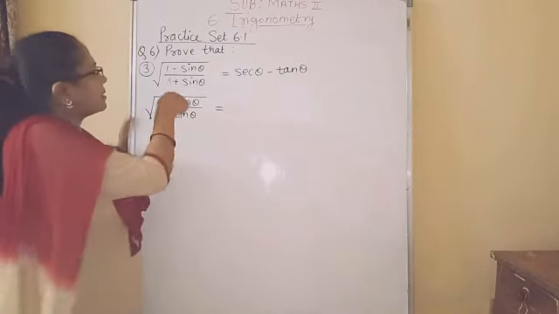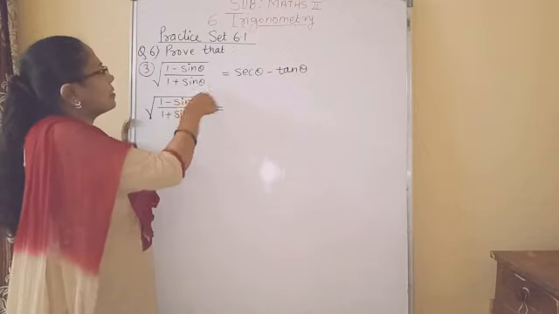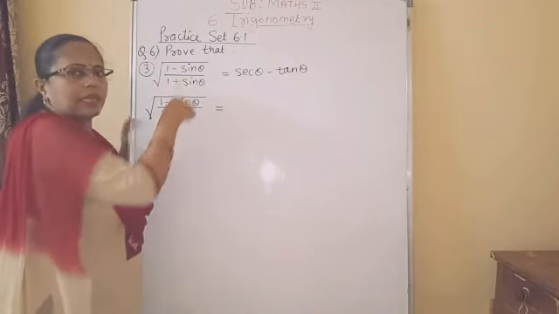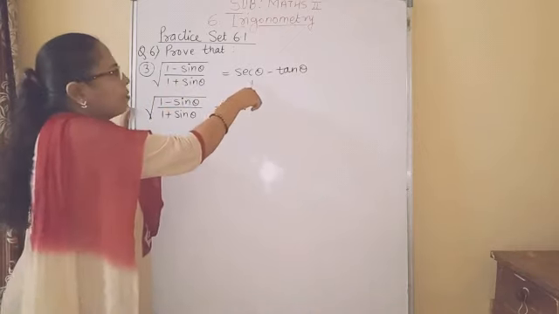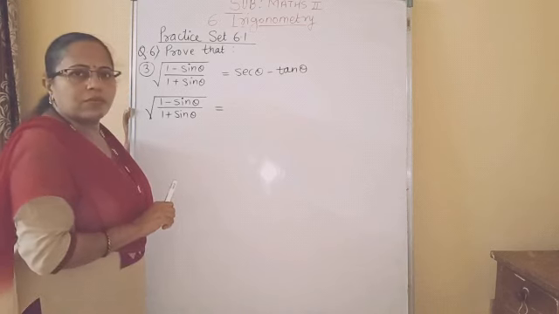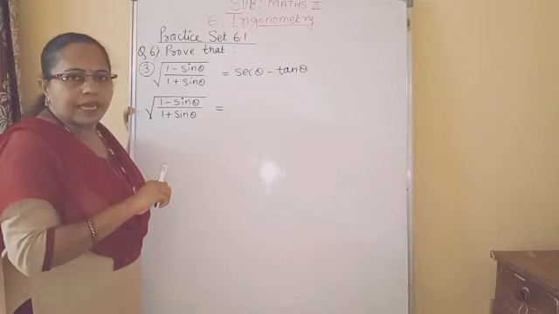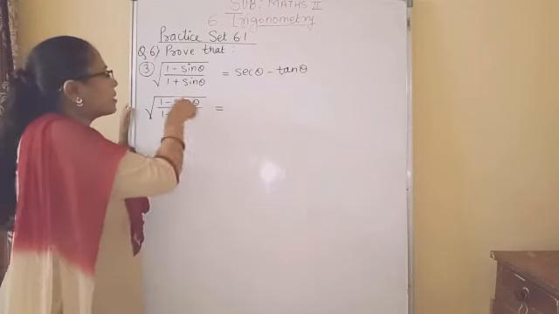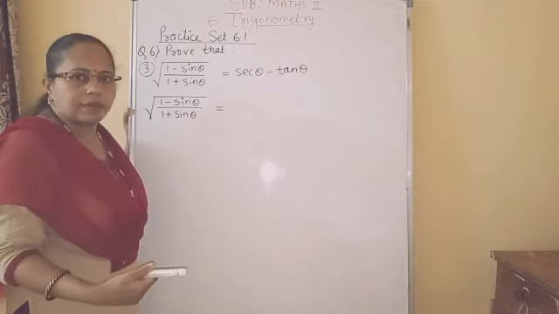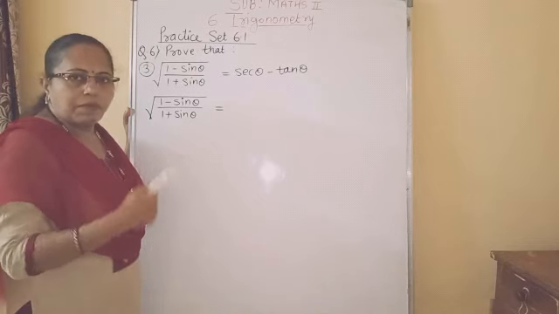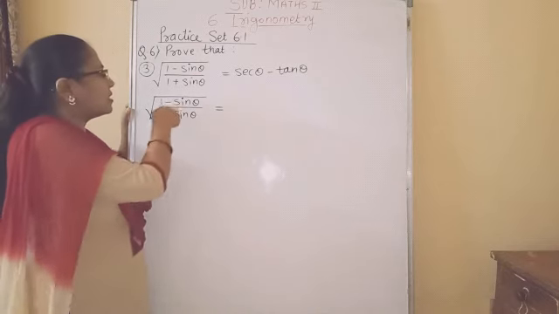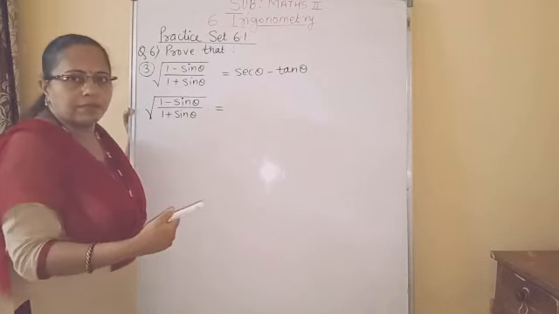Now students, you can see that in this left hand side the fraction is written inside the square root, and on right hand side square root is not there, means square root is taken out. So when we take out square root, inside the square root sign we should have square terms. So our first preference is to convert this fraction into square terms.